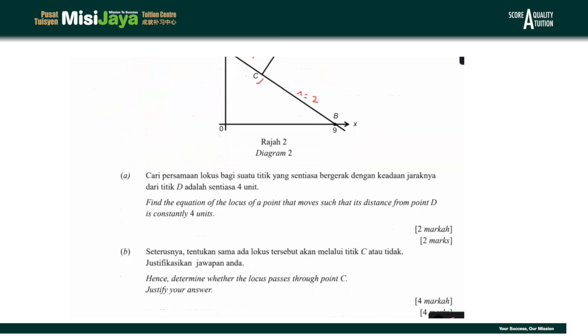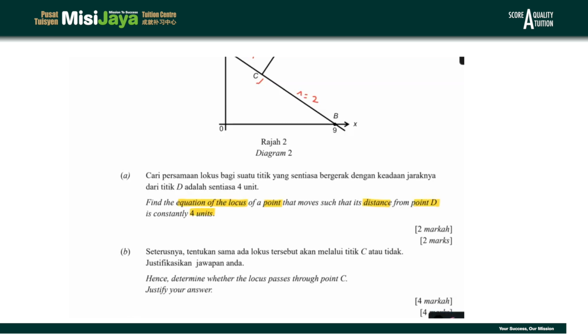For part A, find the equation of the locus of a point that moves such that its distance from point D is constantly 4 units.